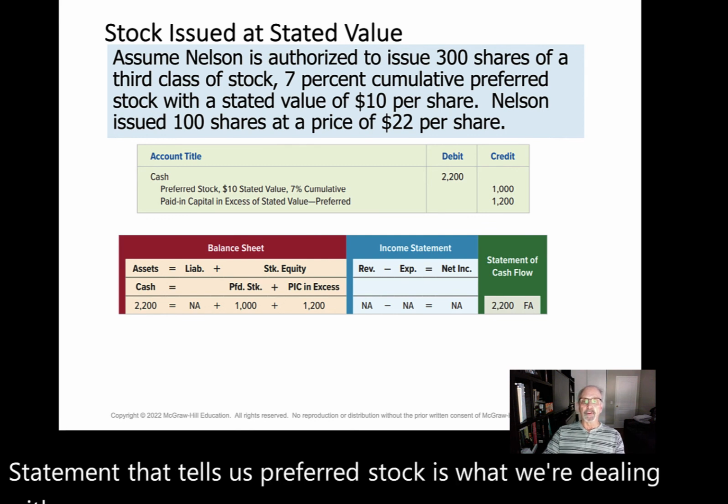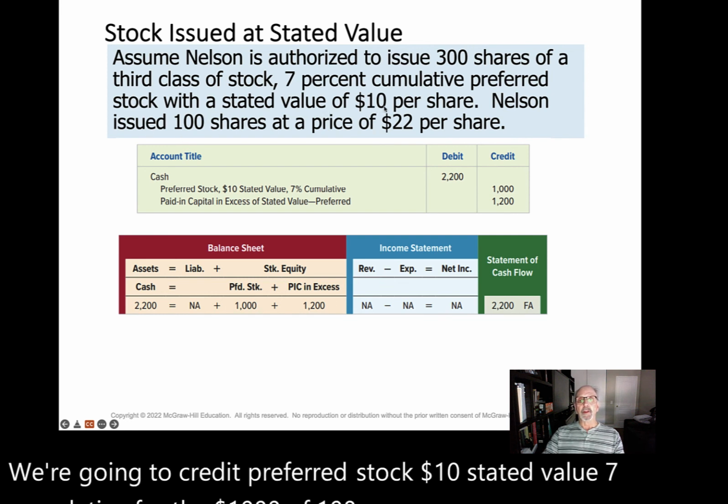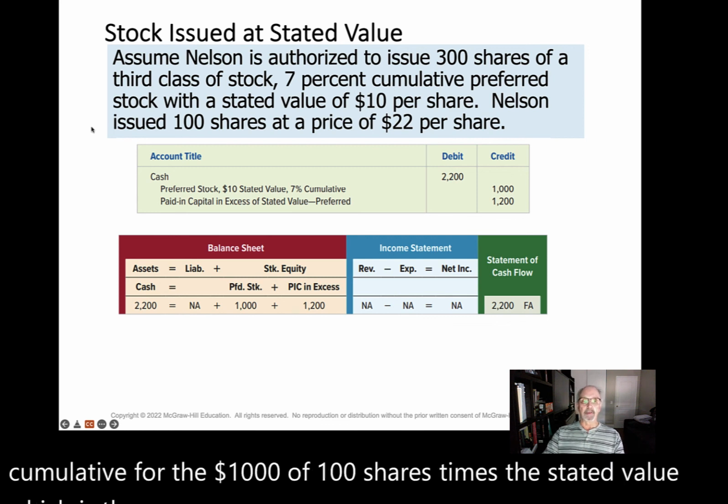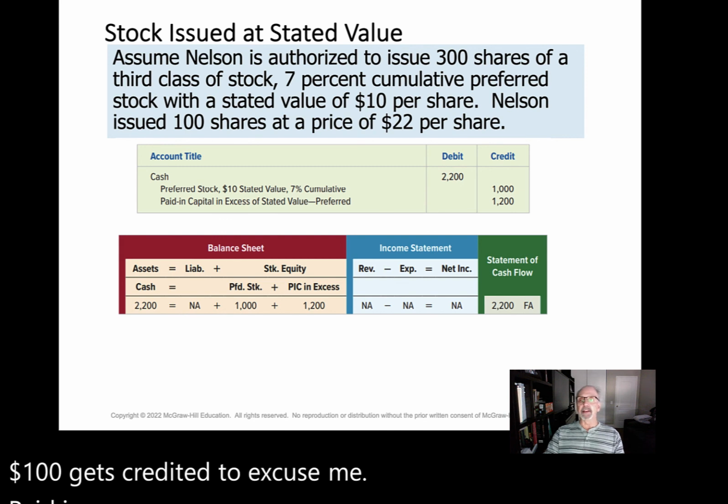So 100 times 22 is $2,200. That's the debit to cash for the sale. We're going to credit preferred stock, $10 stated value, 7% cumulative for the $1,000 of 100 shares times the stated value, which is the same as par, of $10. The difference of $1,200 gets credited to paid in capital in excess of stated value, preferred.